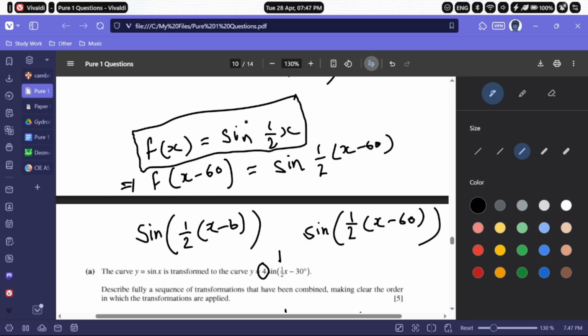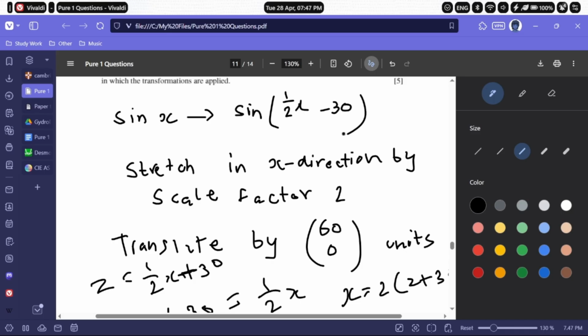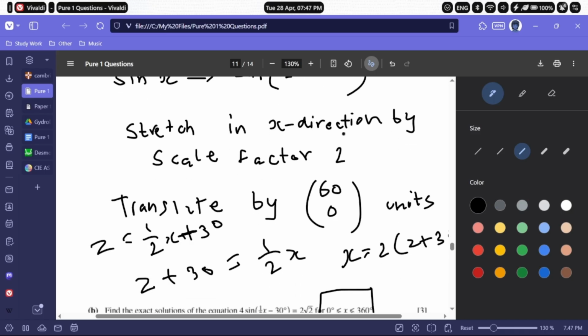It's basically like doing f of x minus 60. Whatever your x values are, they're going to get translated by 60 units to the right. That's how you would end up getting sine 1 by 2 x minus 60. So basically, you would do a stretch in the x direction by scale factor 2, and then you translate it by 60 units to the right.